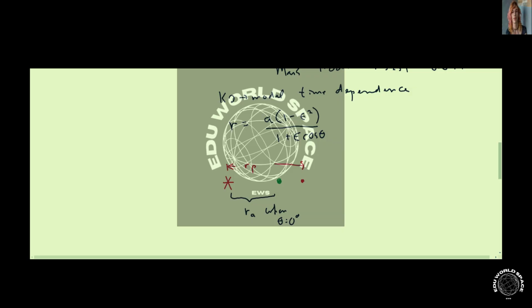So for the one you want to shift to aphelion, you have to revise that formula. And basically just rotate the ellipse by pi. Okay, so flip it around. So the first formula has our perihelion at theta equals 0, and the second one has our aphelion at theta equals 0.